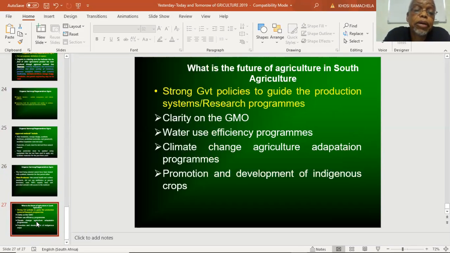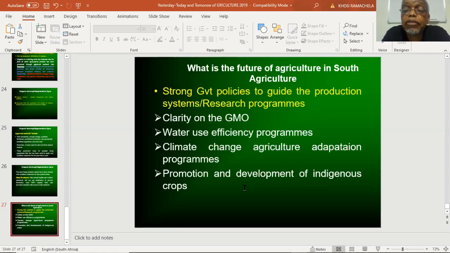Then a policy on water use efficiency programs, because South Africa is facing persistent drought, an annual drought, and it is bound to continue. South Africa and Sub-Saharan Africa in general, or the SADC region, to be more specific. And with climate change, agriculture adaptation programs need to be employed.